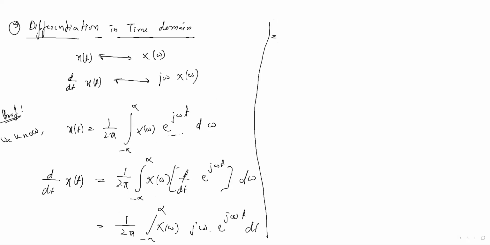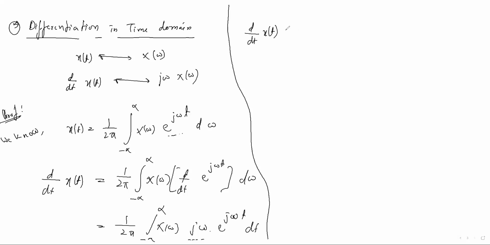So you can bring this j omega outside. That is d/dt x(t) equals j omega times 1 by 2 pi integration from minus infinity to infinity of X(omega) e to the power j omega t d omega.